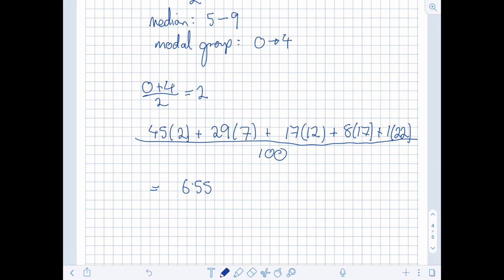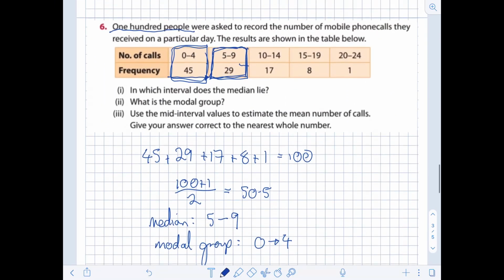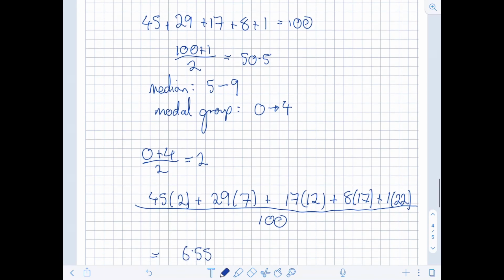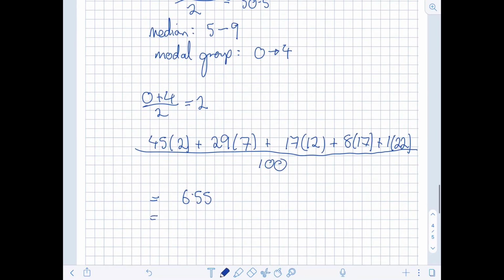So the mean is 6.55 phone calls. And the nearest whole number is going to be 7. It seems very unfair to round 6.55 up to 7, but that's where it has to be rounded to.